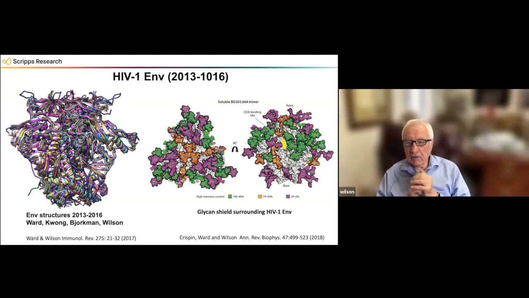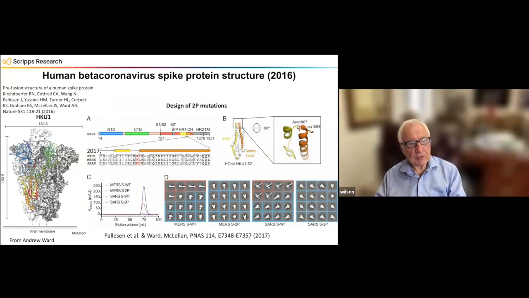For coronaviruses, the first coronavirus structure was determined in 2016 in a collaboration between Jason McClellan and Andrew Ward. This is also a trimer structure, and this was done by electron microscopy. They wanted to go on and look at MERS and SARS-1, the original SARS virus.